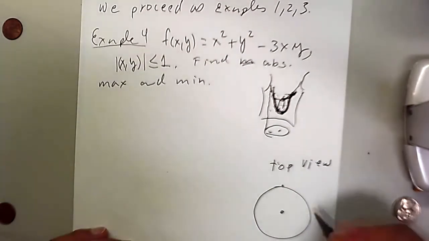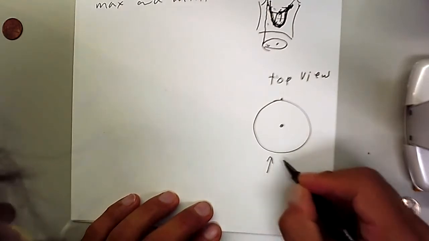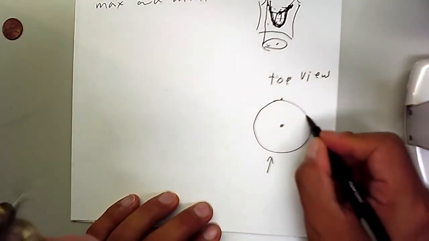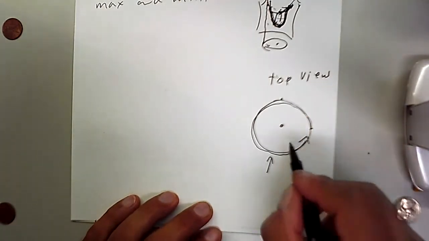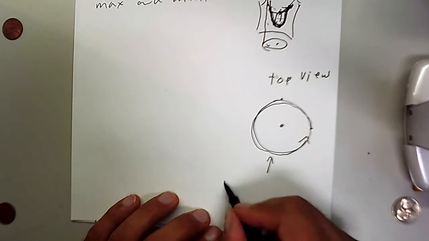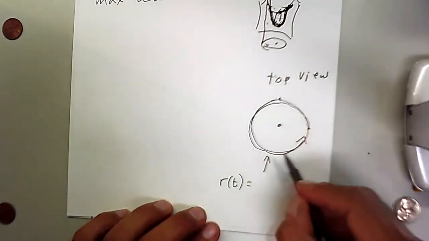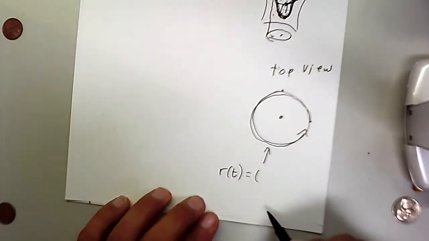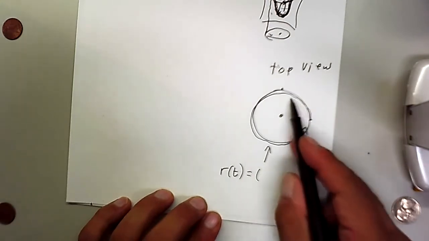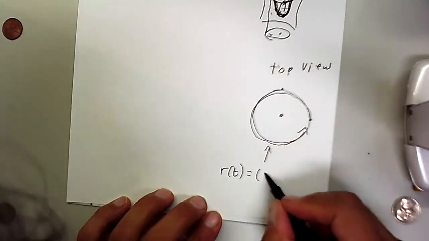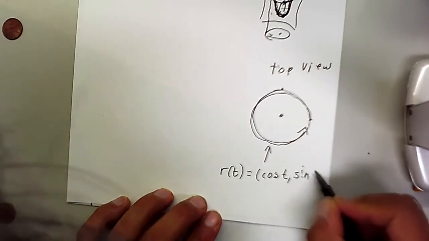So what we want to do is form an equation for this path going around this way, on the domain. The equation is going to have a parameter t, and because we're using a unit circle, we have a very straightforward way of describing the circle. That is going to be cosine of t, and by using trigonometry, sine of t.